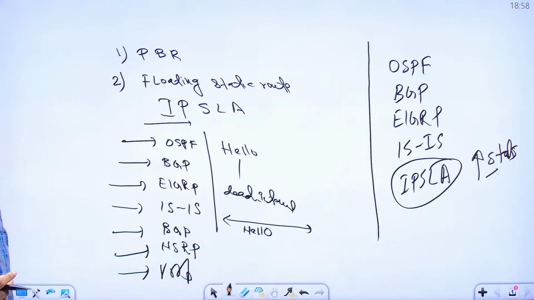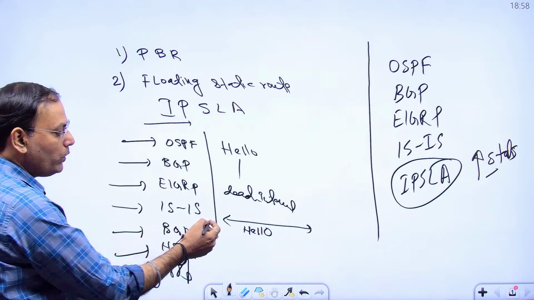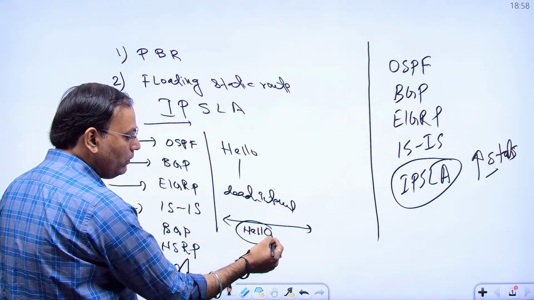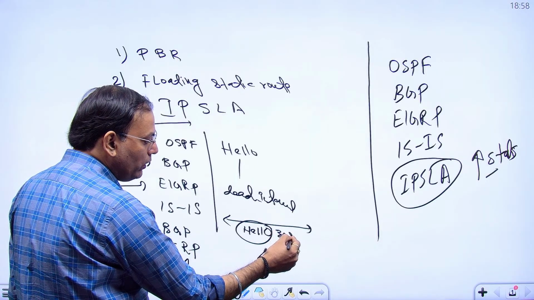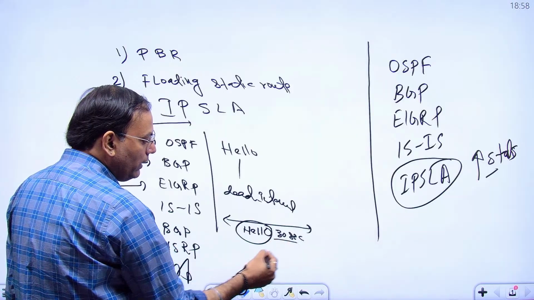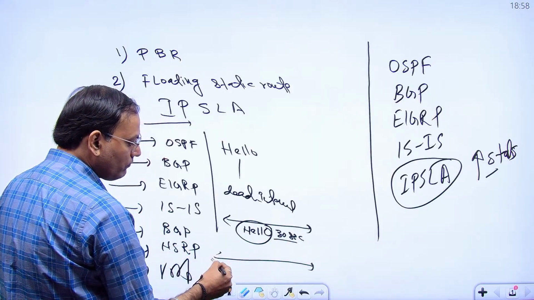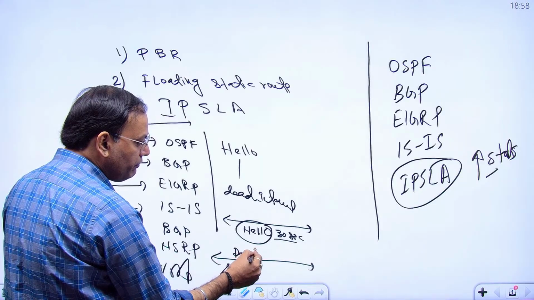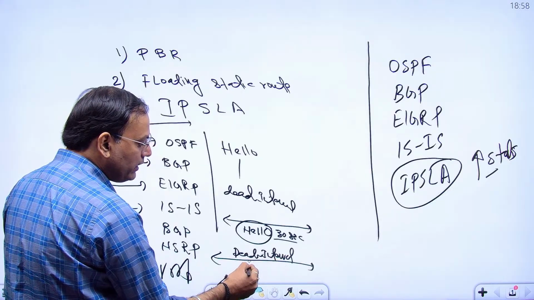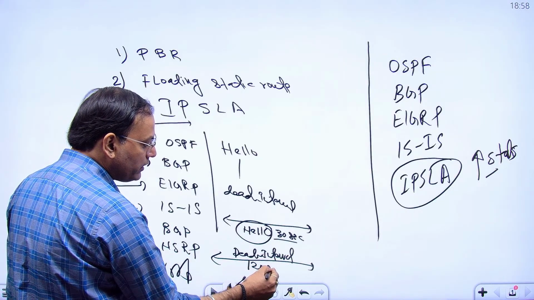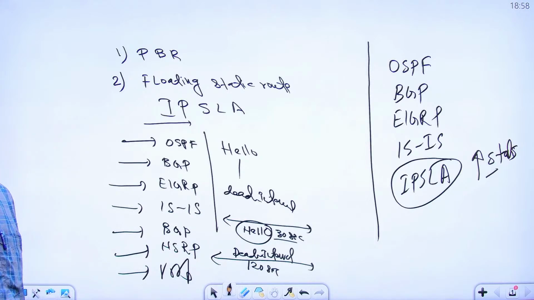Okay, hello packets. Just like when I meet someone, I greet them: hello, hi, how are you, right? In the same way routing protocols send each other hello after a defined period, let's say 30 seconds. It all depends upon your protocol. And there is a dead interval. Dead interval means if I do not get a response within a dead interval of, let's say, 130 seconds, this is for OSPF, what will happen?